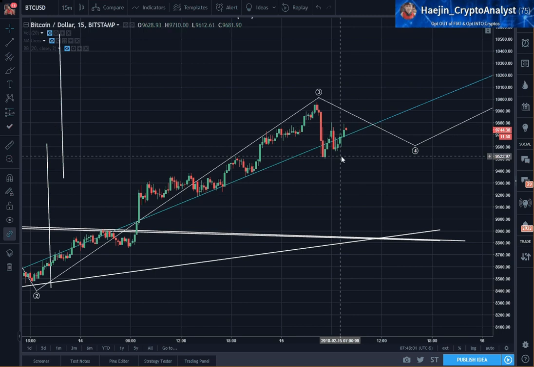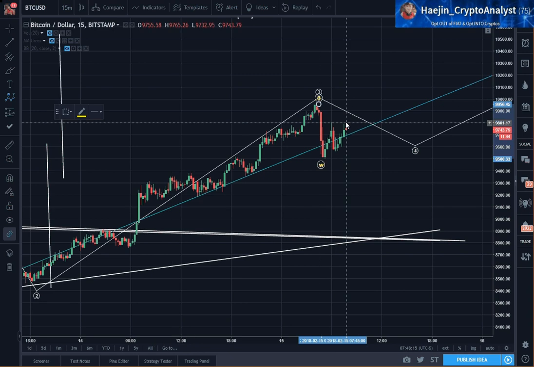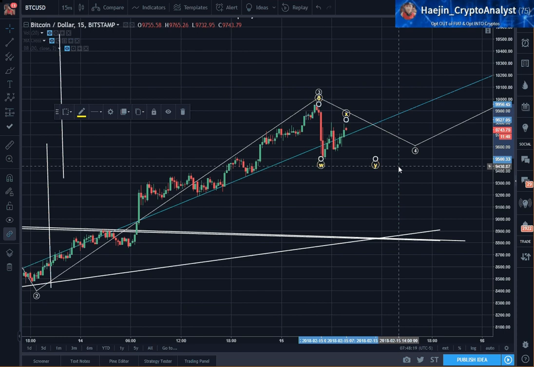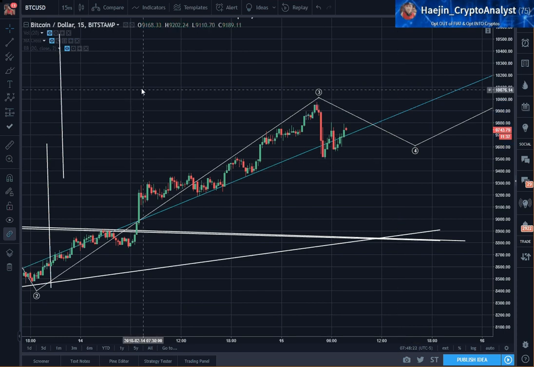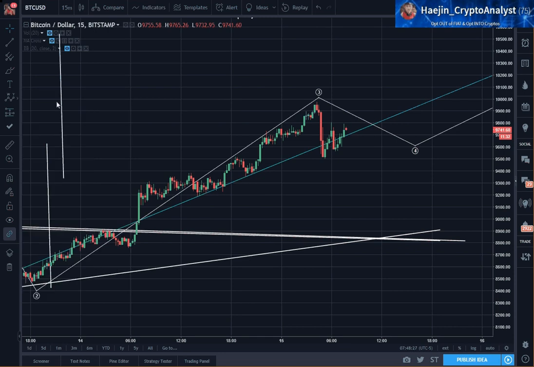If that's the case, we can see either more sideways movement, where we can potentially see W, X, and a Y, or since this is wave 3 of 3, I don't think it'll spend too much time in a correction, even if it's putting in a complicated one.